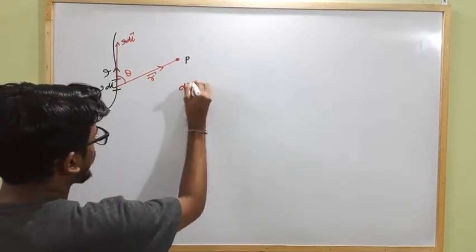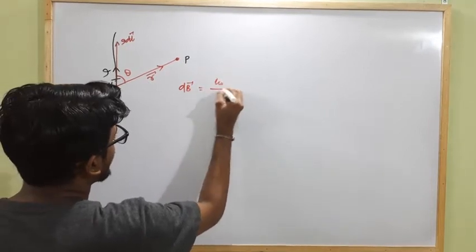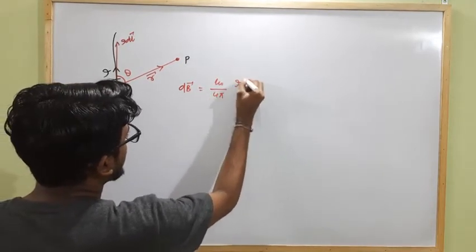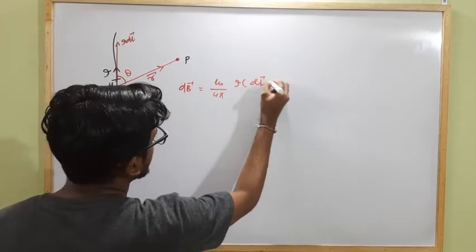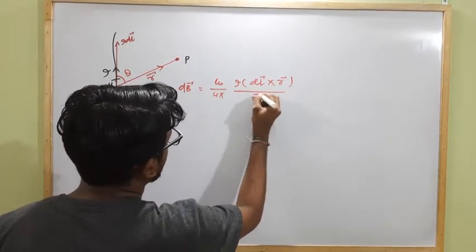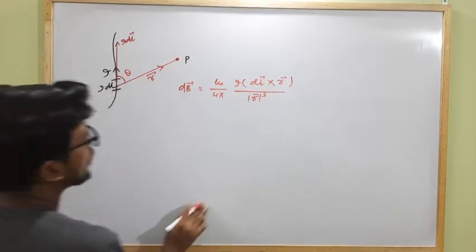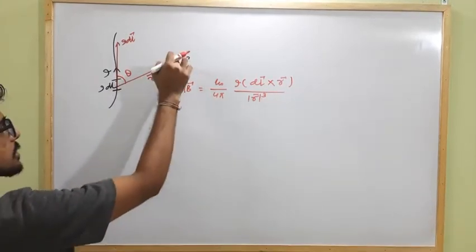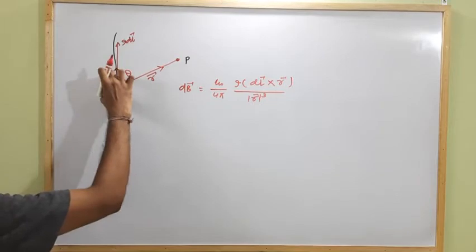The dB vector will be given as mu naught by 4 pi, I into dl vector cross r vector, whole divided by mod r cubed. This is the expression for the magnetic field strength at point P due to this current carrying element.